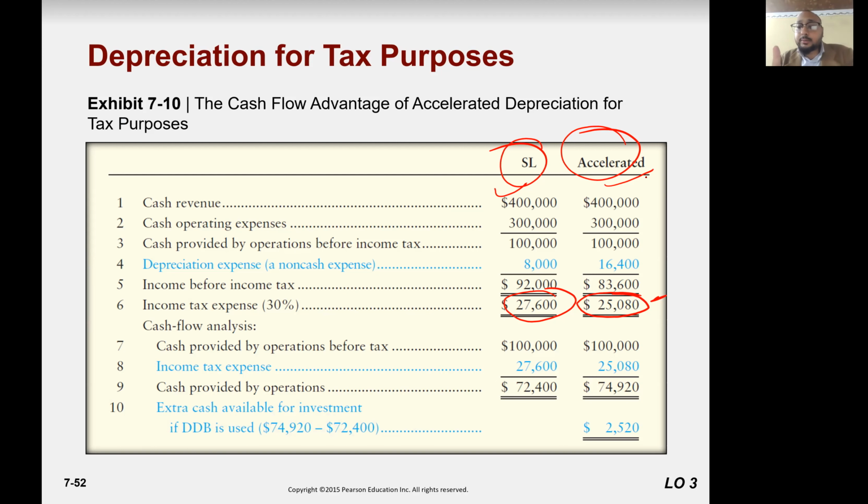I'm talking about early years. But if you see the cash flow from operations, it is highest in accelerated. And remember, cash is the blood of any organization. Profit is something else, cash is something else. So you see extra cash is provided, and that cash is because of the difference between the straight line and accelerated methods.